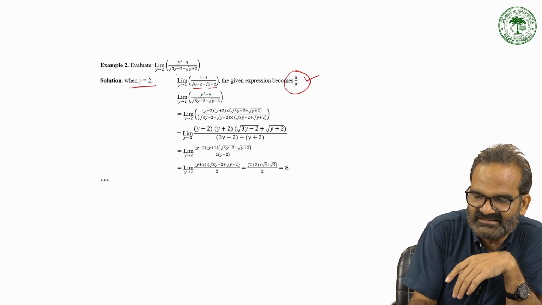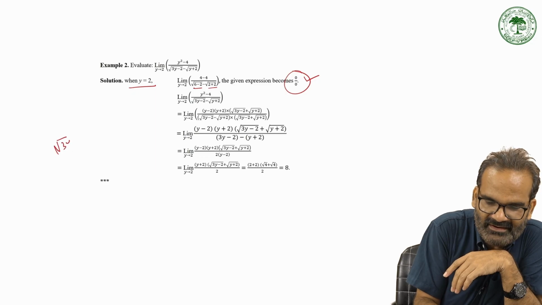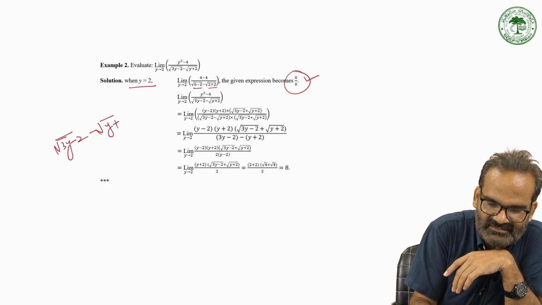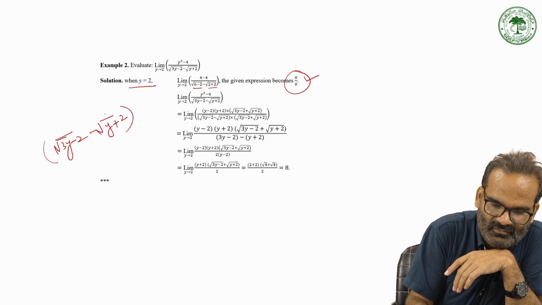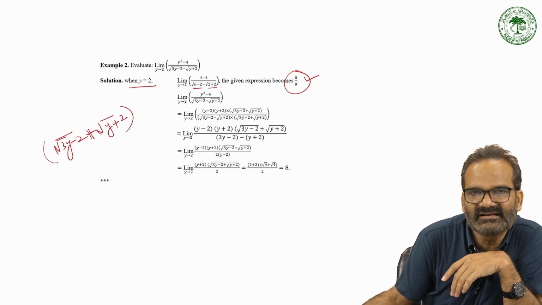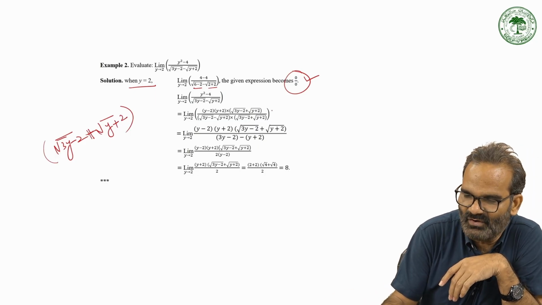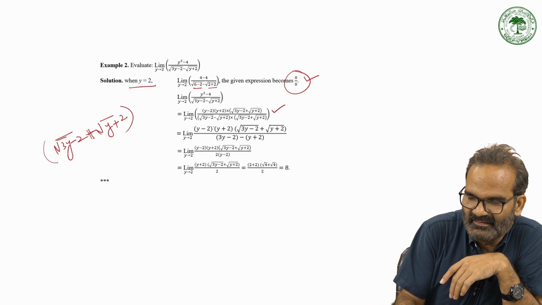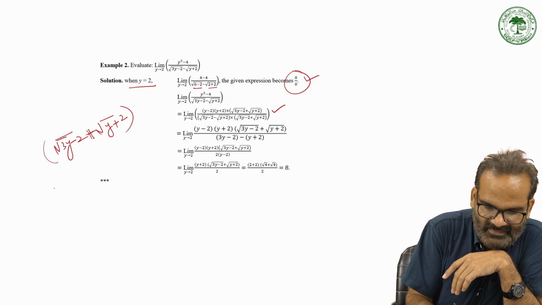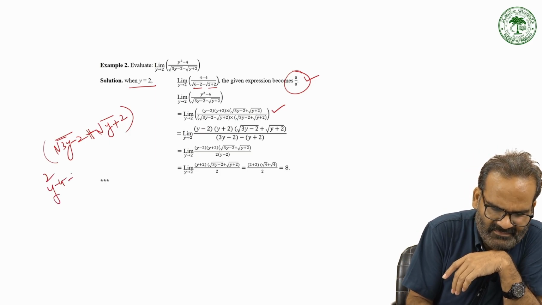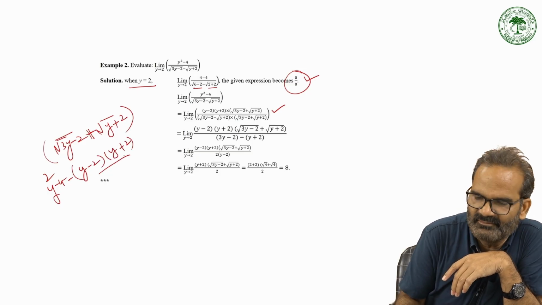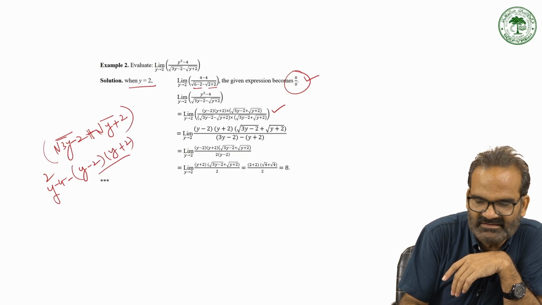To rationalize this, here we have root 3y minus 2 minus root y plus 2. This is our denominator. So we should multiply and divide by the same expression with the plus sign. This is what we did here. Y square minus 4, you can see this can be written as y minus 2 and y plus 2 by the formula of a plus b, a minus b. So this is y minus 2, this is y plus 2, the numerator remains as it is.